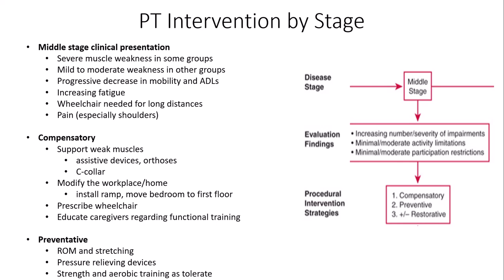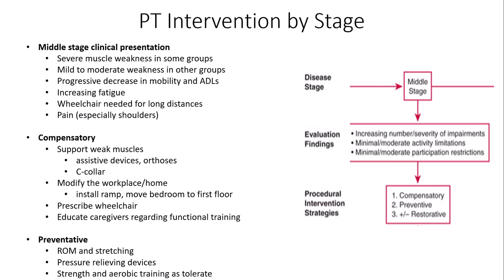That actually gives a lot more support. And to compensate for the weak cervical extensors, there are a number of different kinds of C-collars available for this patient, and just using that C-collar relieves them of having to hold their head up against gravity.